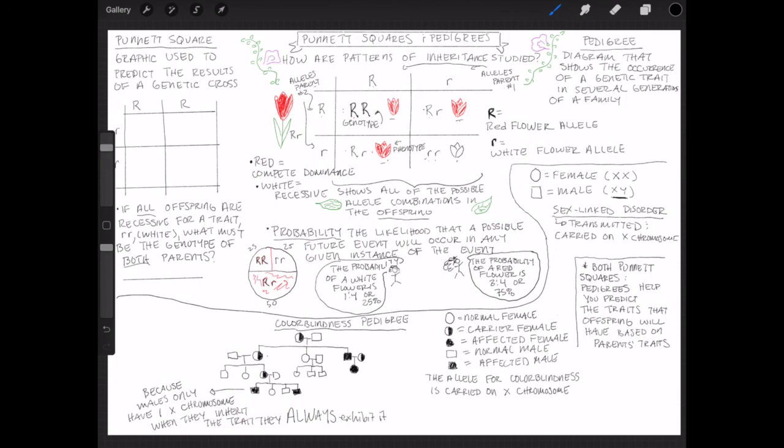The key word here is predict. You're just seeing what the probability is of a future event happening.